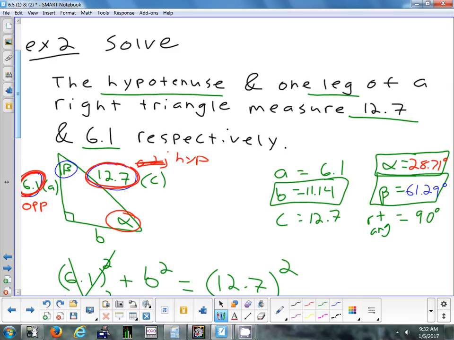If you found 61 and got it wrong, then you automatically get alpha wrong too. So the way I showed you, you could have made a mistake with one of them, and it wouldn't have affected the other one. On a short answer question, that can help you because you might get credit for one or two parts, since a mistake on one thing won't mess up anything else.